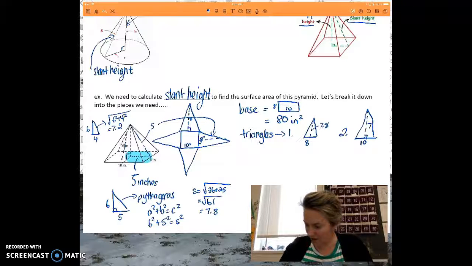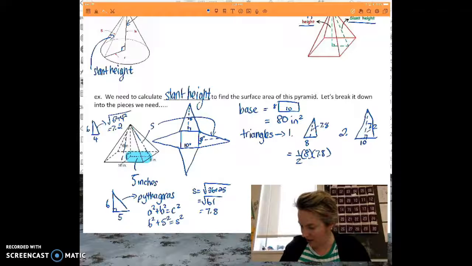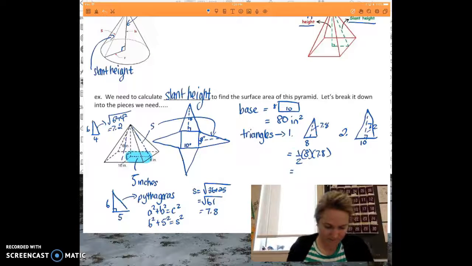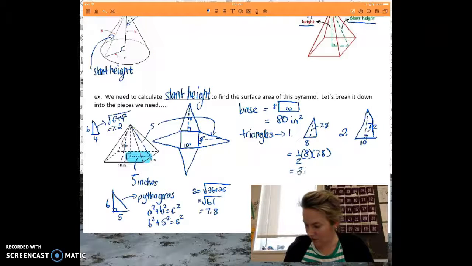So that's 7.2 there. And this triangle is 1/2 of 8 times 7.8, which is 31.2. This triangle is 1/2 of 10 times 7.2.